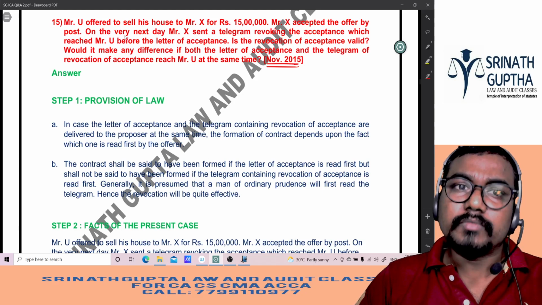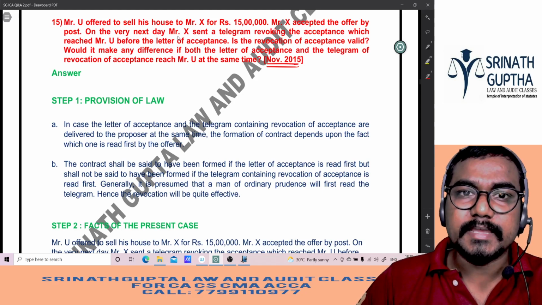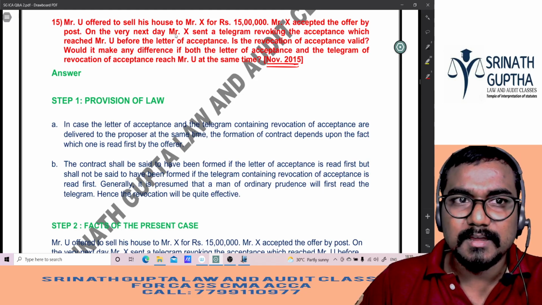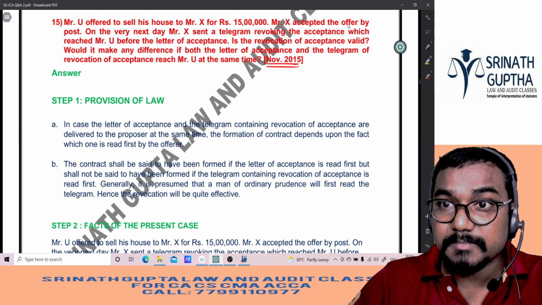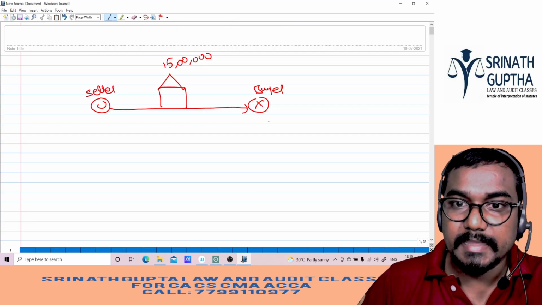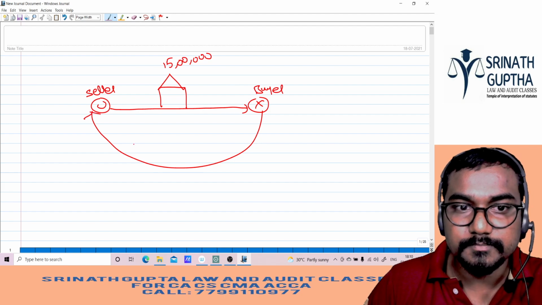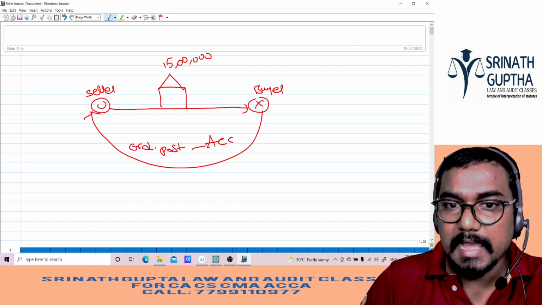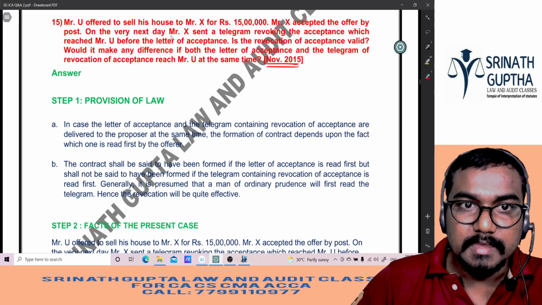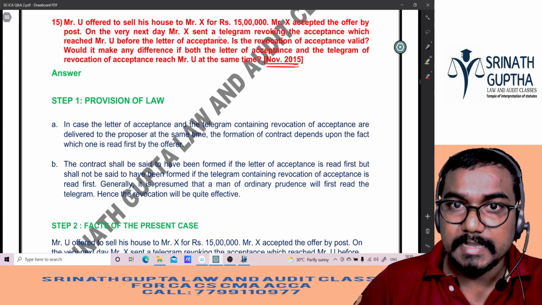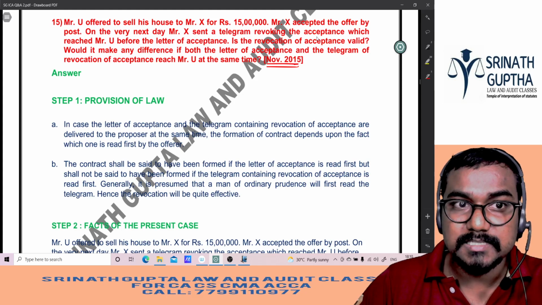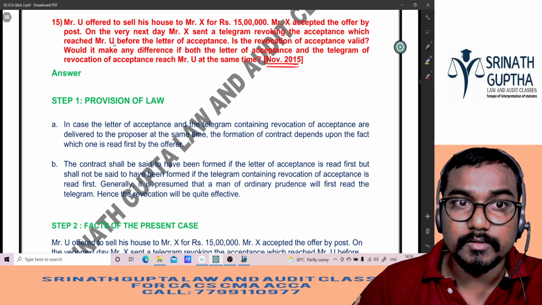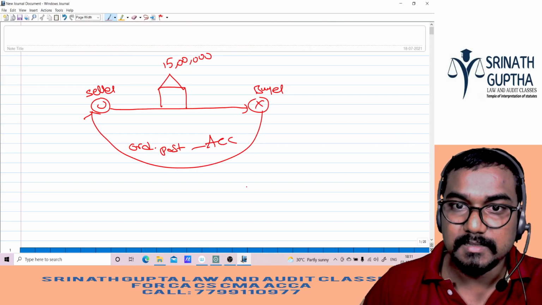On the very next day, X accepts the offer by ordinary post, which contains the acceptance. On the next day, X sends a telegram revoking the acceptance, which reaches U before the letter of acceptance.